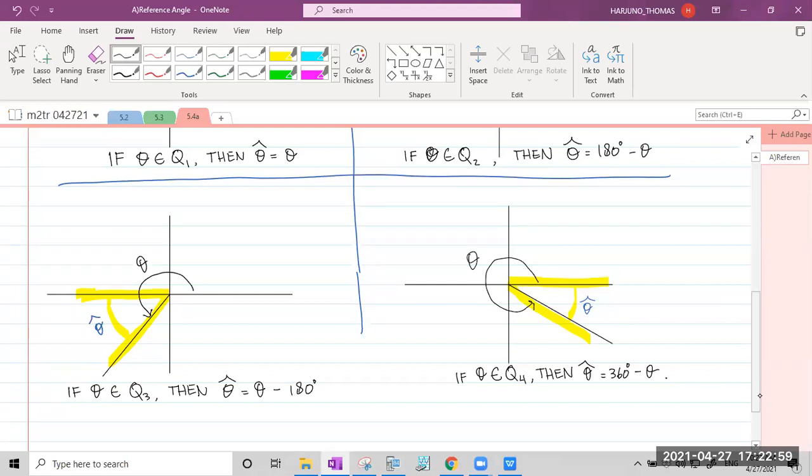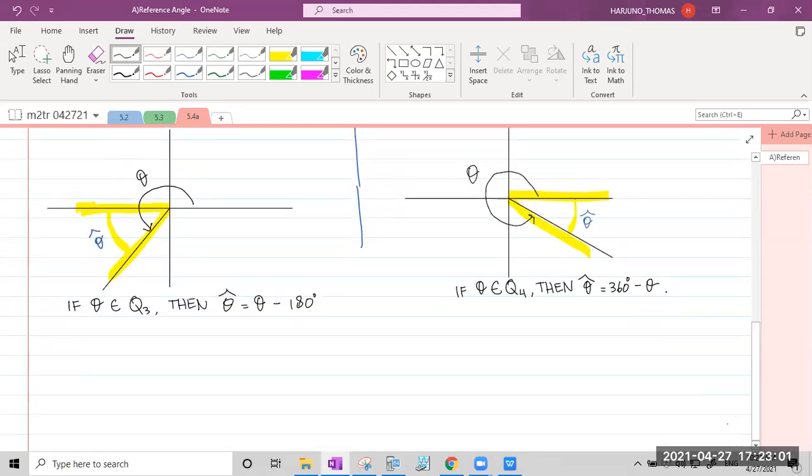Okay, let's do one problem maybe from number 2. If theta equals 290 degrees, which quadrant is that? Remember, this is 90 degrees, 180 degrees, 270 degrees. So 290 degrees is in quadrant 4, right?